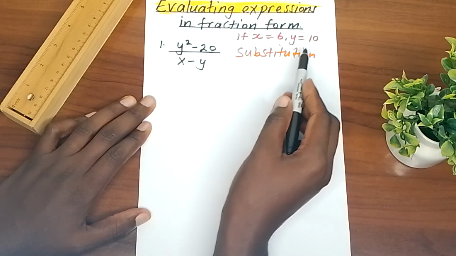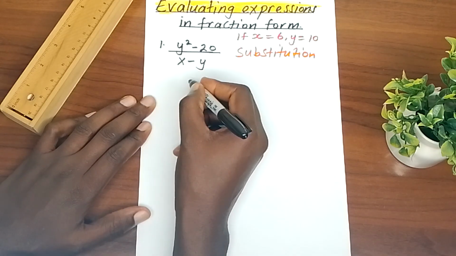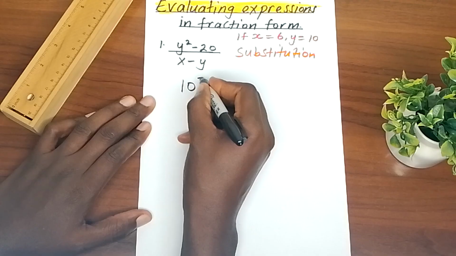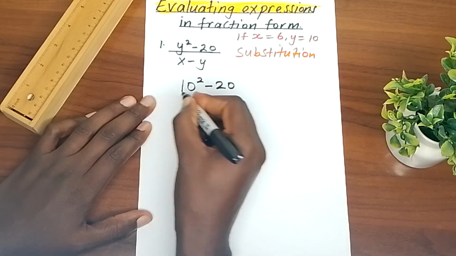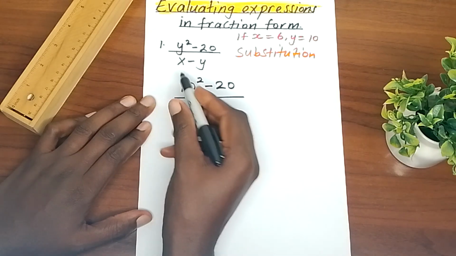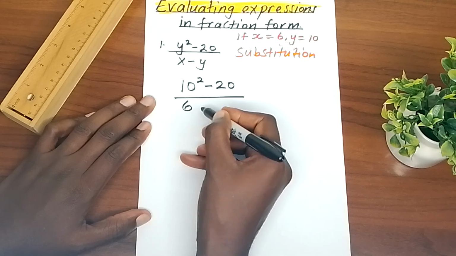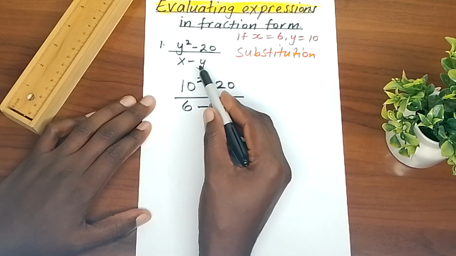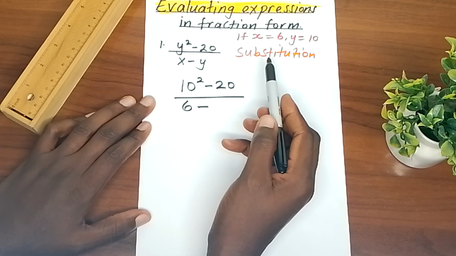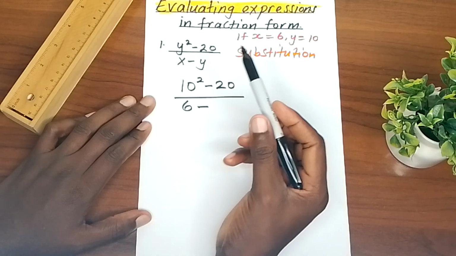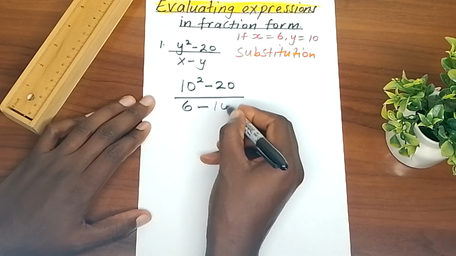Now y is 10. So we will write 10 power 2 minus 20 out of x, which is given to us as 6, then minus y, which is 10.